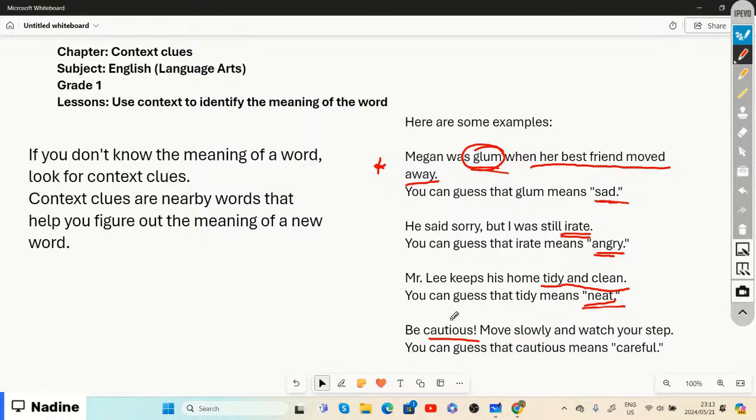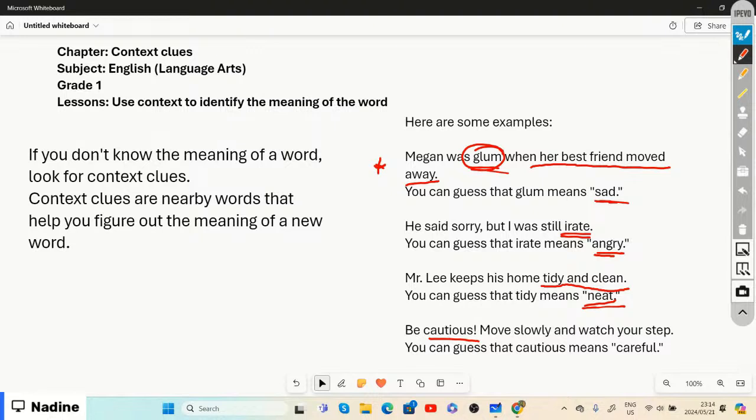If we look at the word cautious, you can guess that cautious means careful, especially since they're saying you need to move slowly and watch your step. Because if you don't move slowly and watch your step, you may trip and fall. So basically, you need to be careful so that you don't trip and fall.